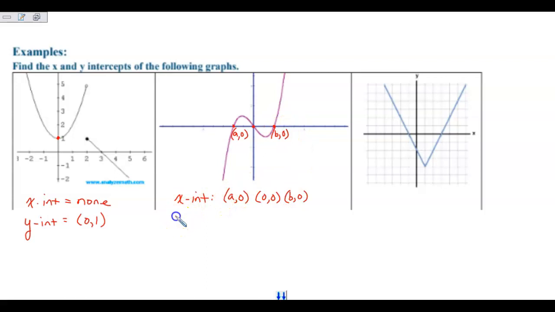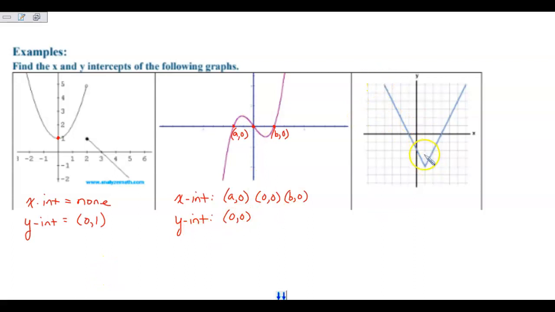When I look for the y-intercept, is it crossing the y-axis at all? And it is, but only at this point. So the y-intercept is going to be at (0, 0), and that is the only one that it's showing. So it's the only one that we can record.